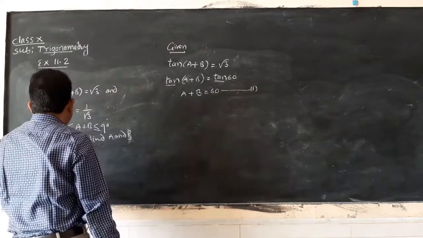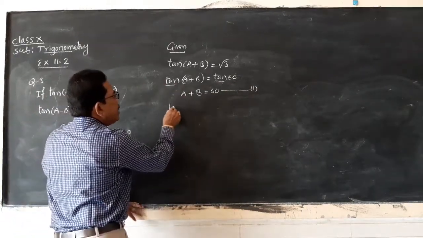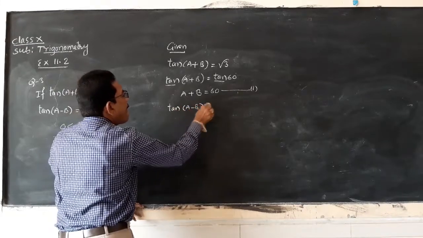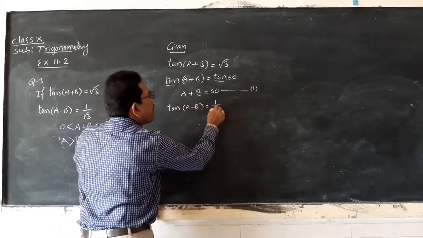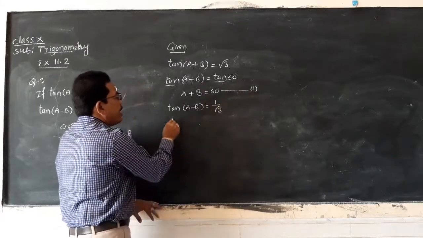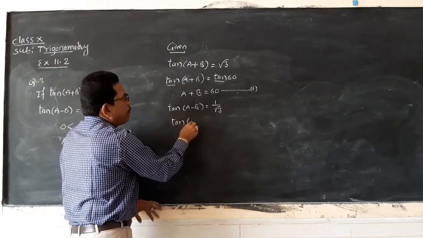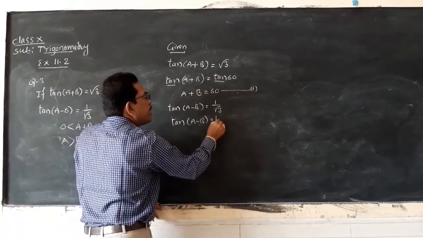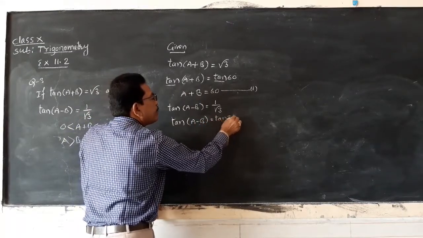Then second, tan of a minus b equals 1 by root 3. Therefore, tan of a minus b equals 1 by root 3, which is nothing but tan 30.